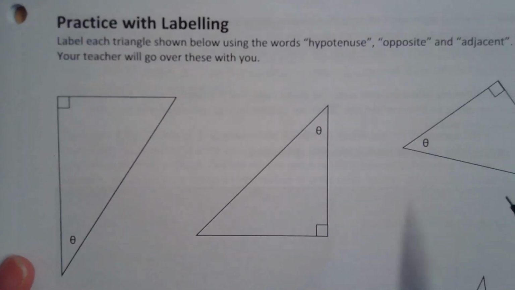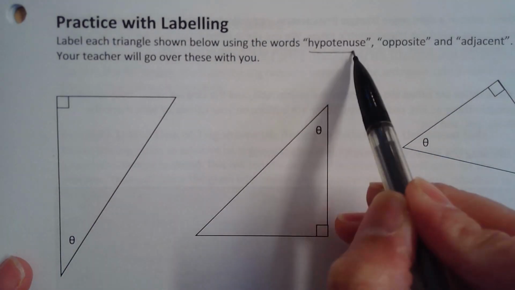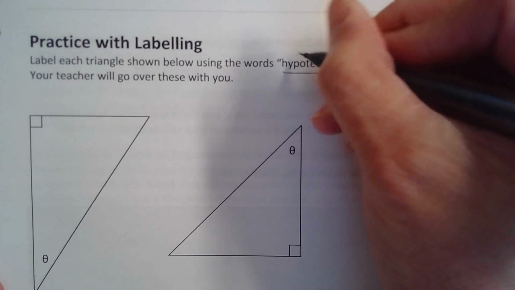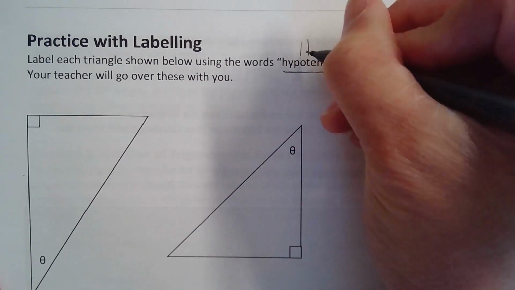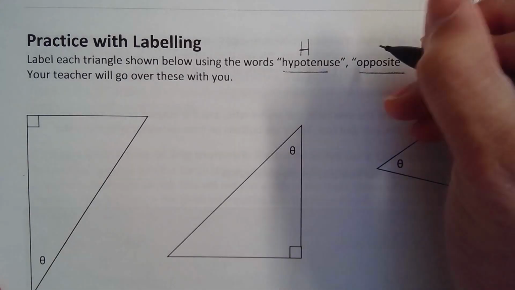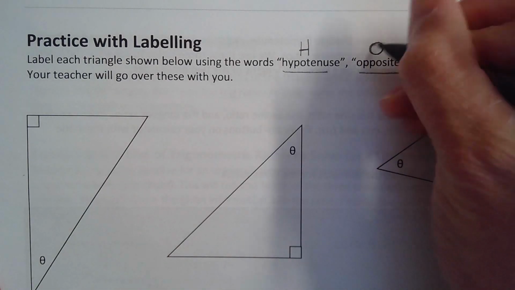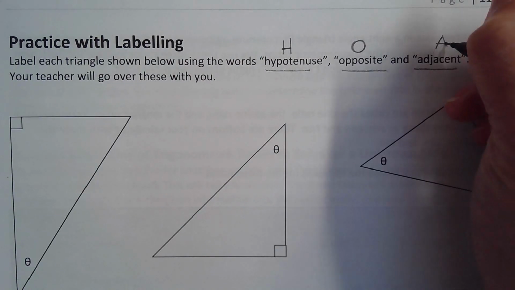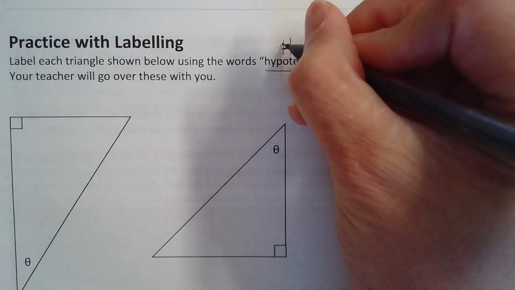Okay, so let's label these. Let's label a triangle: hypotenuse, opposite, adjacent. What we're gonna do is just use H for hypotenuse, O for opposite, and A for adjacent, so we don't have to write down the whole word.